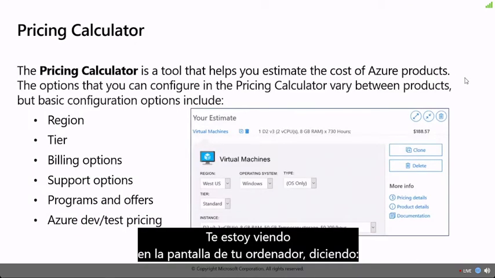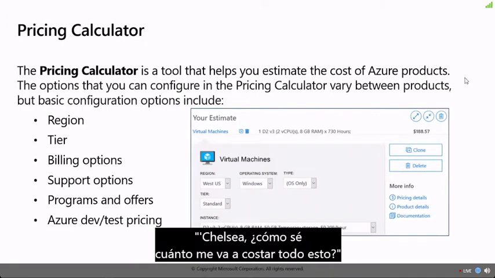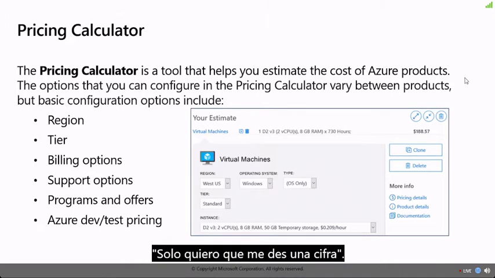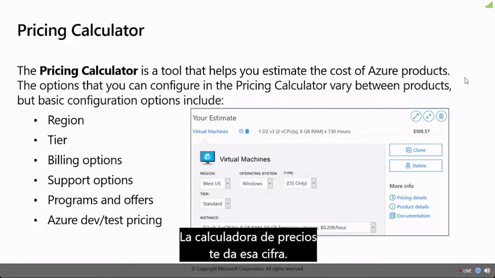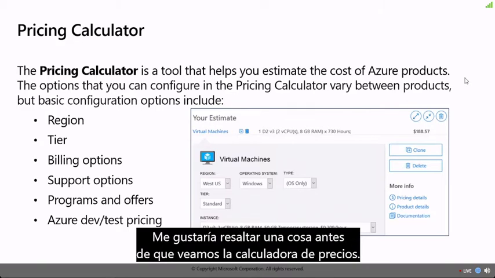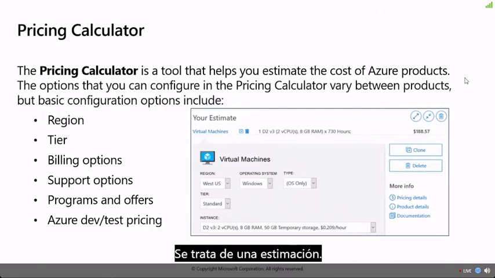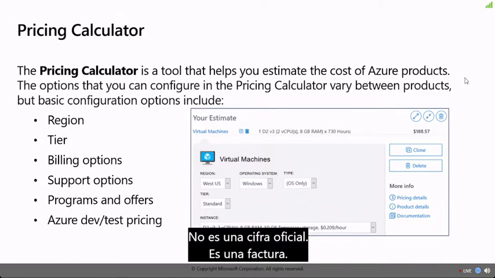I hear you going through your computer screen saying, Chelsea, how do I know what all of this is going to cost? I just want to know a number. Well, the pricing calculator can provide you with that number. Now, I want to point out one thing before we go into the pricing calculator. This is an estimate. It is not an official invoice.